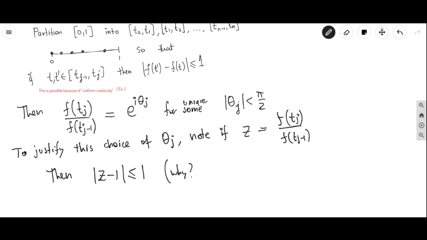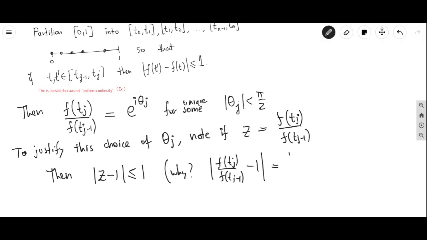Why? Well, just open up the inequality. What is z? It's f of tj over f of tj minus 1. So this is z minus 1, right? z is this ratio.